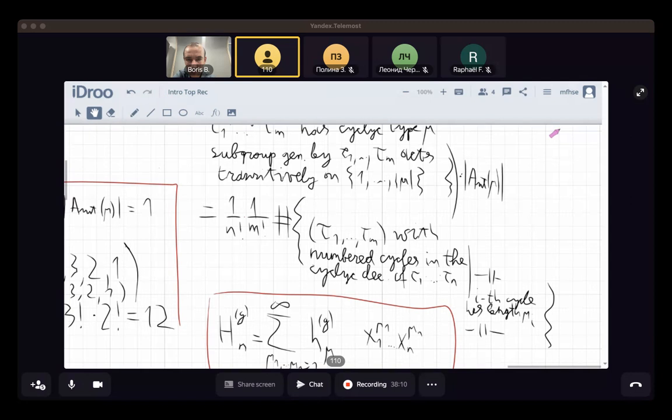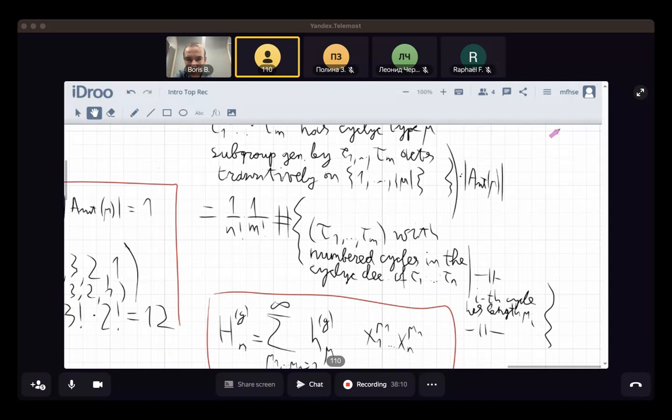Okay, so now let's talk a little bit more about the geometric definition. Do you remember that apart from the combinatorial approach, we had this geometric approach?